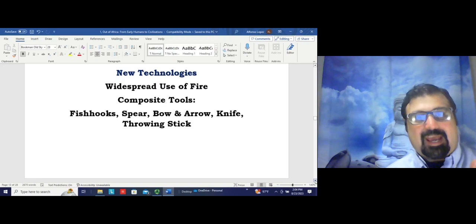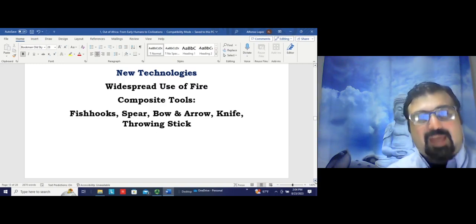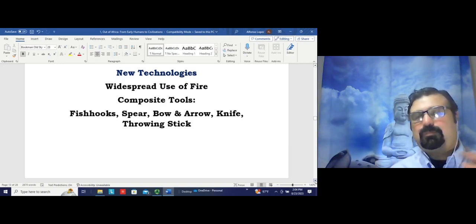Now, this beginning of culture, as I mentioned, gave birth to new technologies, new tools. In other words, when people come together and cooperate with one another in order to help each other survive, what often happens is that there's going to be a lot of sharing of knowledge and ideas.